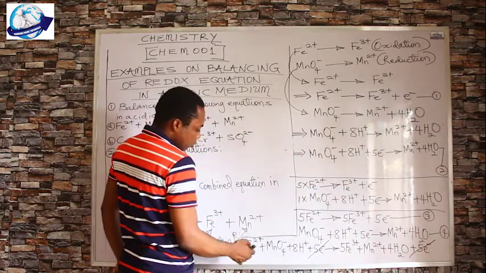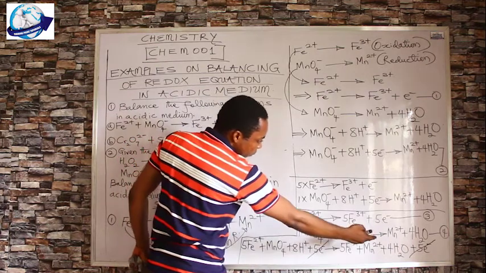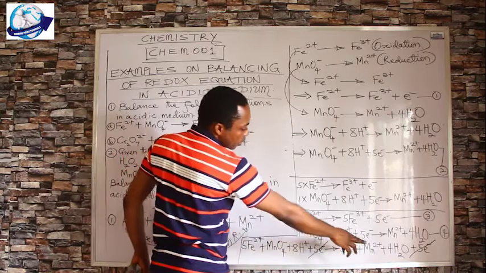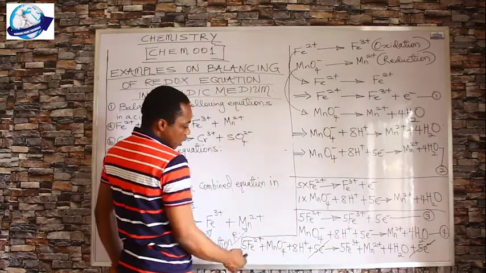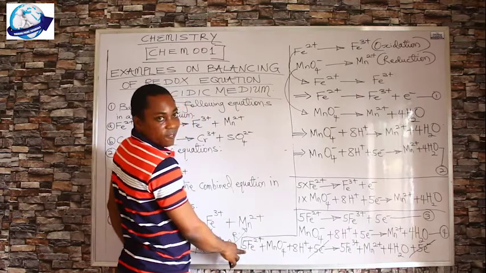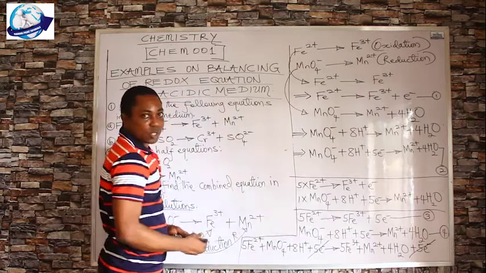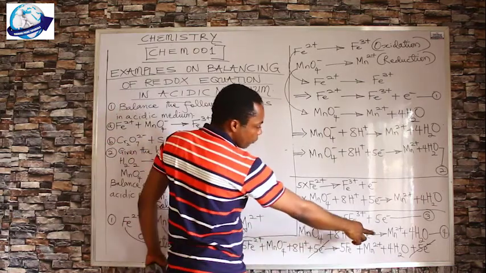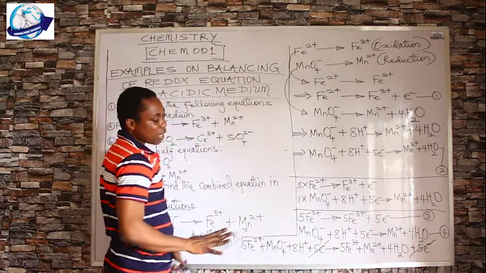Then is there anyone again? No. You can see MnO4 is here, but we don't have MnO4 there, so we cannot slash it out. We have 8H plus here, we don't have H plus there, so we cannot slash out. And for the 5Fe2+, there's no Fe2+ at the right hand side, so they cannot slash out anything. Then we can see 4H2O, 4 water molecules, but there's no water molecule here, so we cannot slash out anything.